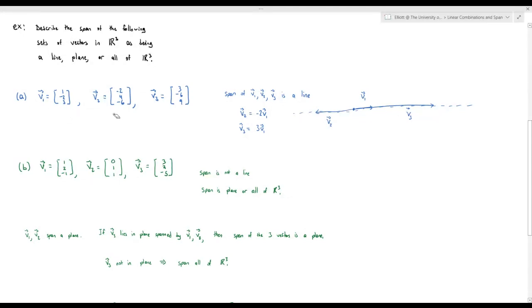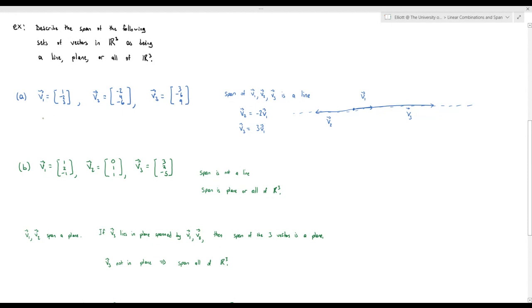These vectors v1, v2, and v3 were all scalar multiples of each other. So here you can say that v3 is a linear combination of v1, same for v2.